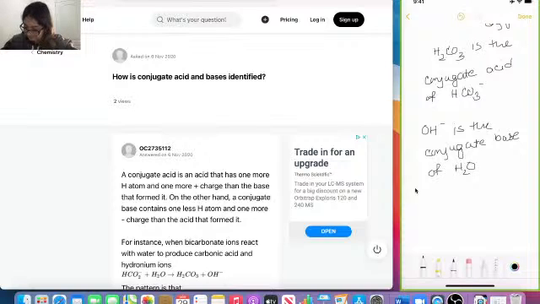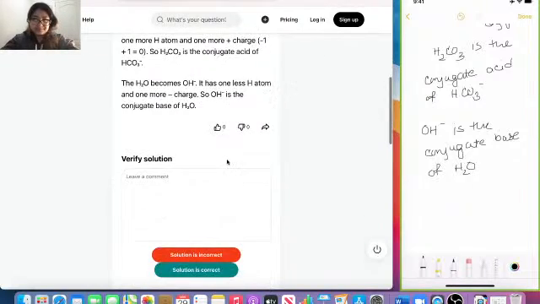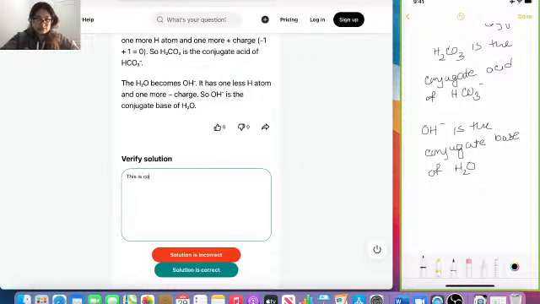Okay, and so this is how you identify conjugate acids and bases. And so this is correct.